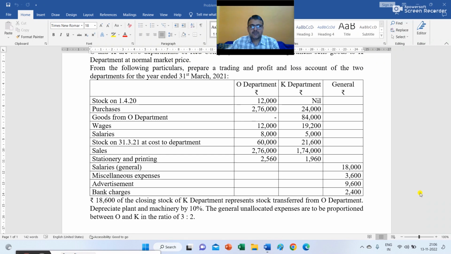Then miscellaneous expenses 3,600, advertisement 9,600, bank charges 2,400. 18,600 of the closing stock of K department represents stock transferred from O department. Depreciate plant and machinery by 10%. The general unallocated expenses are to be apportioned between O and K in the ratio of 3:2.